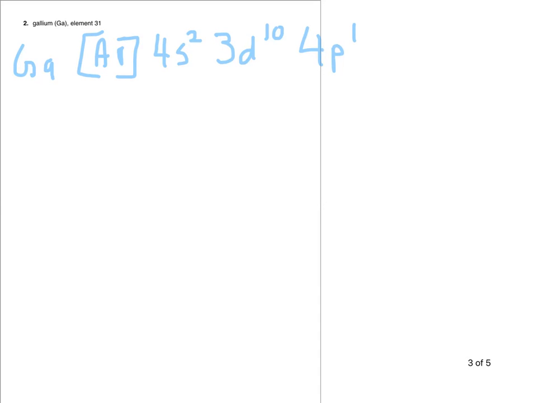Here we're a long ways from being filled up, so what's going to happen here is we're going to lose 3 electrons. The s electrons and the p electron go away, leaving us with a gallium ion with a 3 plus charge.